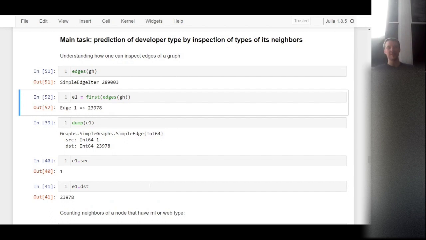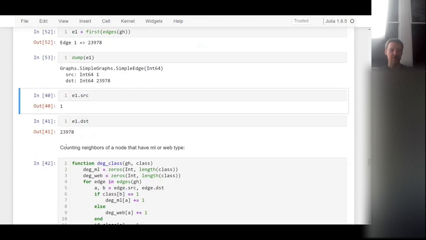We remember that this was the first edge. If I check the structure of this edge with dump, we can see that it has exactly these SRC and DST names, and that's why I used those names also earlier, although we remember that it's an undirected edge. And I can access those edges with SRC and DST.